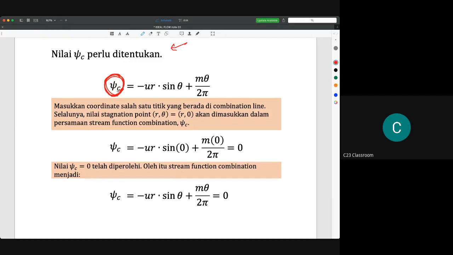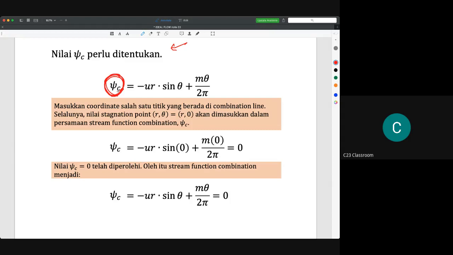You need to calculate to prove what number psi combination is equal to. Normally researchers will try to rearrange the coordinates so that psi combination equals 0, but not in all situations will you get psi combination equal to 0.